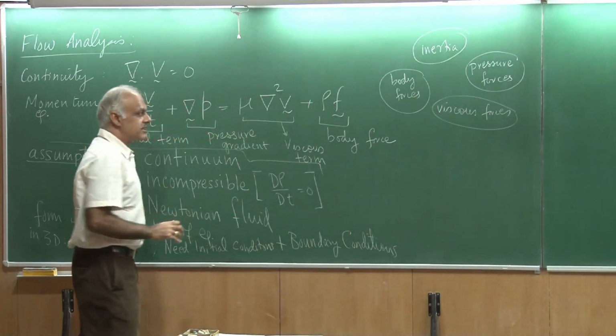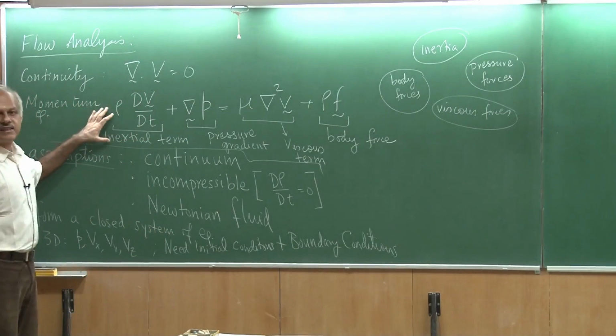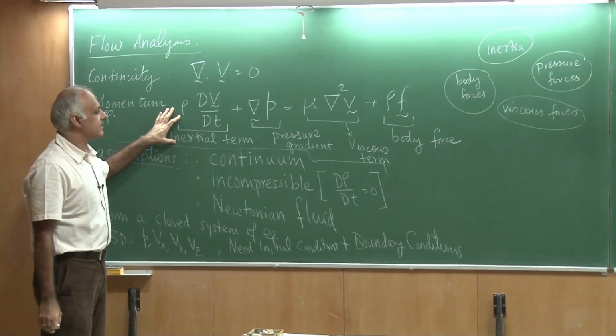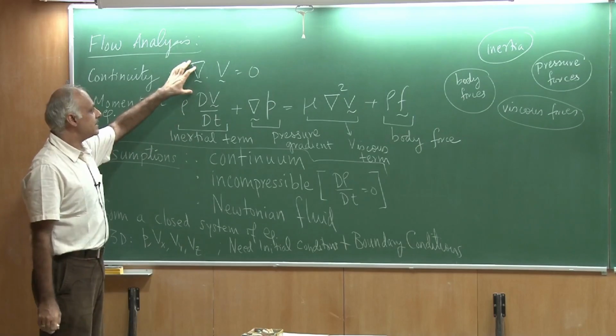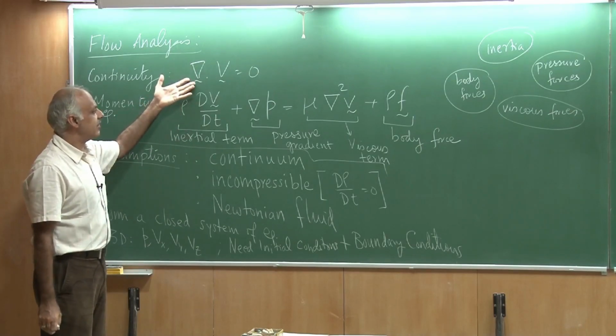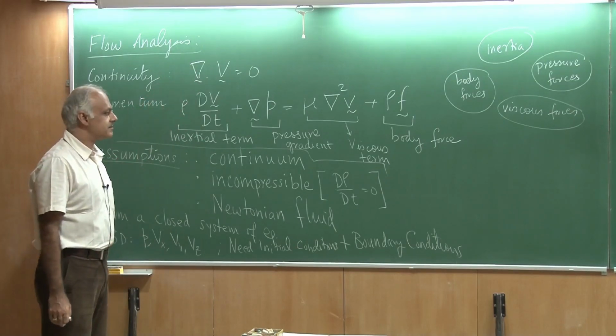So these four forces are in play, and their balance leads to this equation over here. The mass balance is an additional constraint on top of this momentum equation.